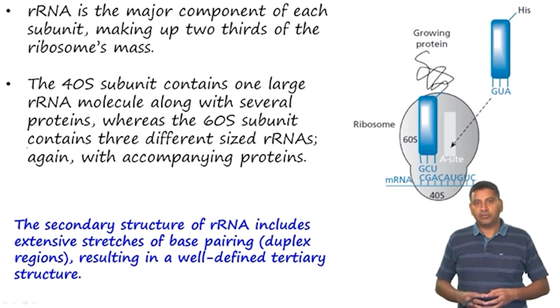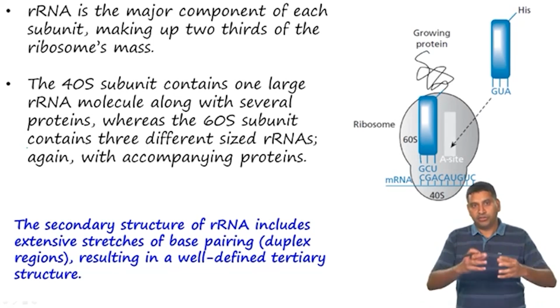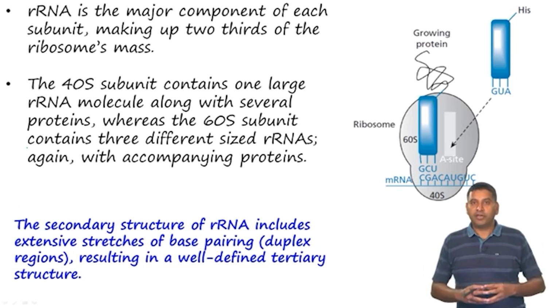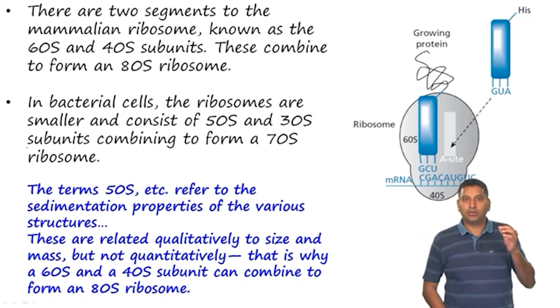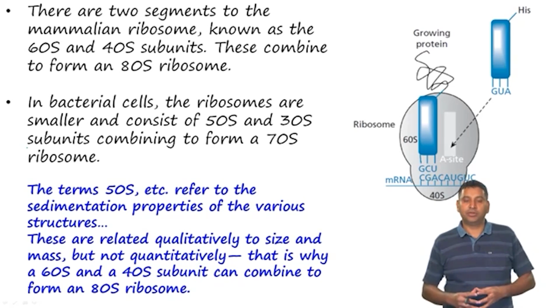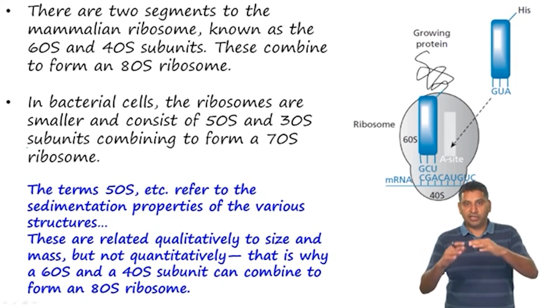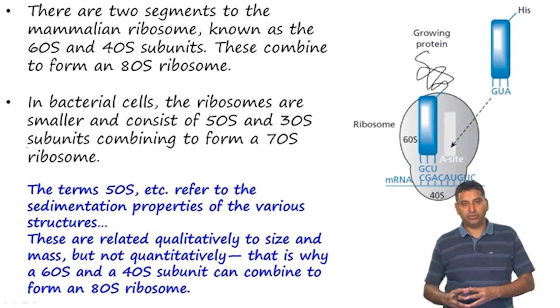The secondary structure of RNA includes extensive stretches of base pairing, which are duplex regions, resulting in well defined tertiary structures. There are two segments to the mammalian ribosome known as the 60S and the 40S subunits. These combine to form an 80S subunit. Of course, the term S refers to the sedimentation properties of the various structures.